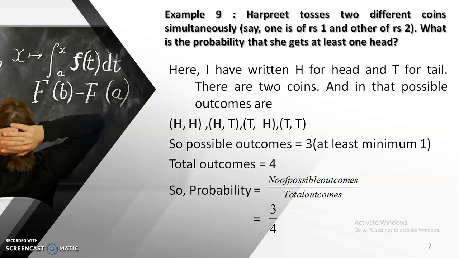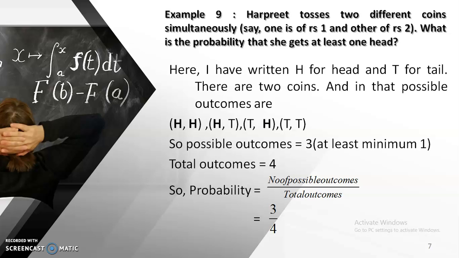It's example 9. Here Harpreet tosses 2 different coins simultaneously, say one is rupees 1 and another of rupees 2. What is the probability that she gets at least one head? At least means minimum one head. Here I have written H for head and T for tail. There are 2 coins, and the possible outcomes are head head, head tail, tail head and tail tail.